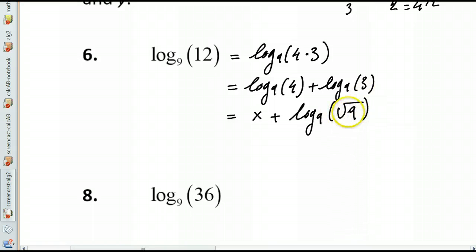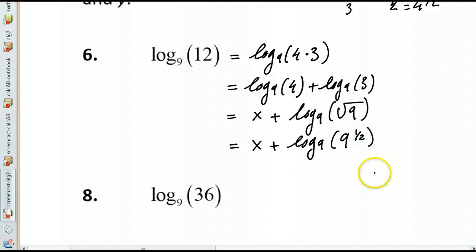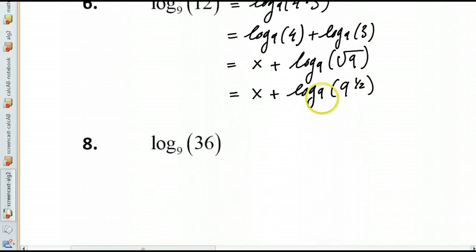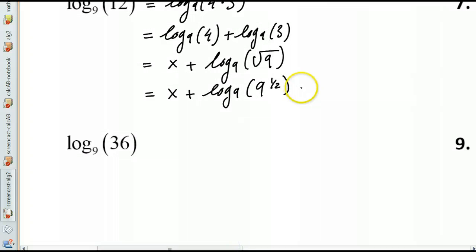And of course, that's the first and last time I'm going to write it like that here. I don't care about square root. I want to write log base 9 of 9 to the 1/2, right? Now, there's a formula that tells you that log base a of a to the x is x, so this is just x plus 1/2.